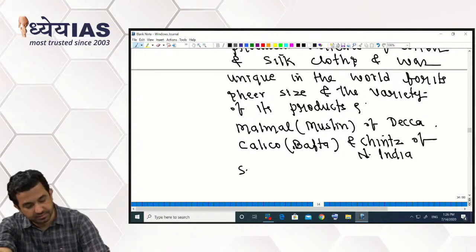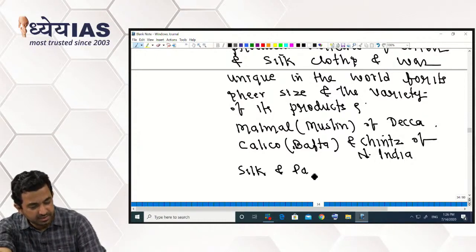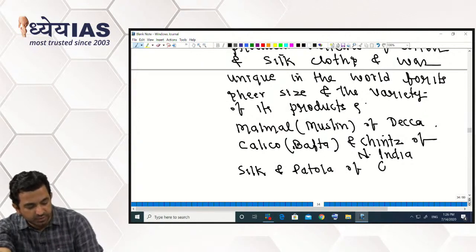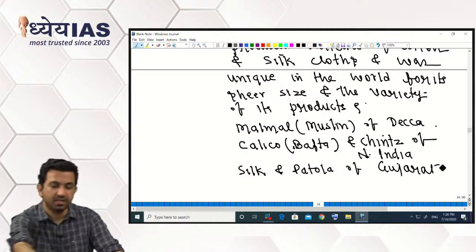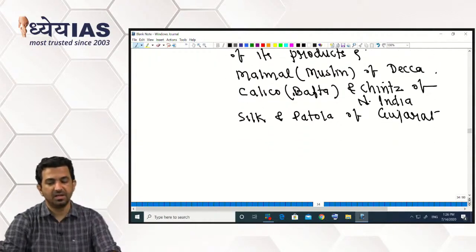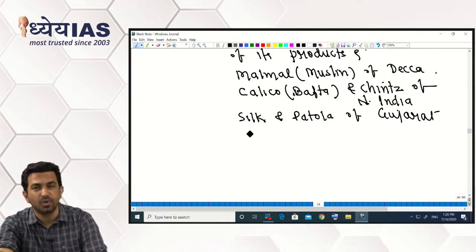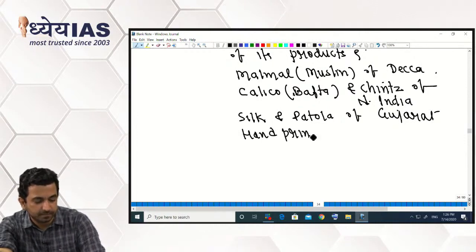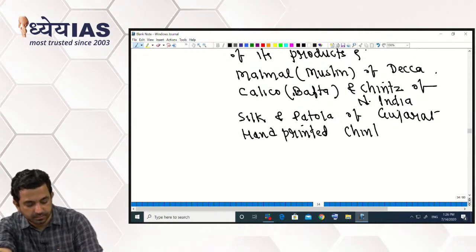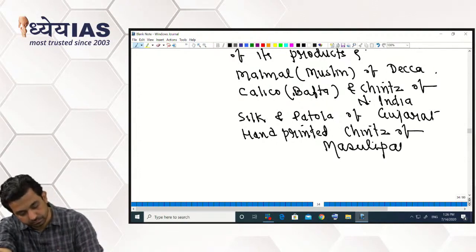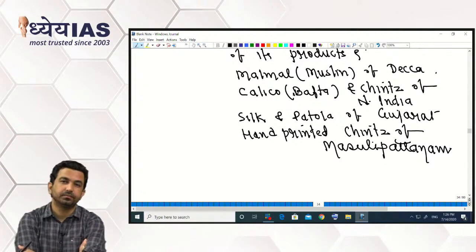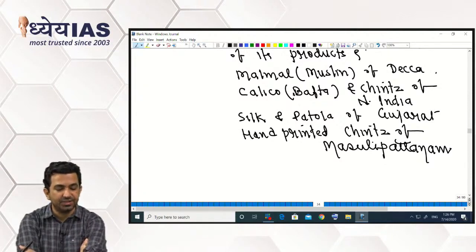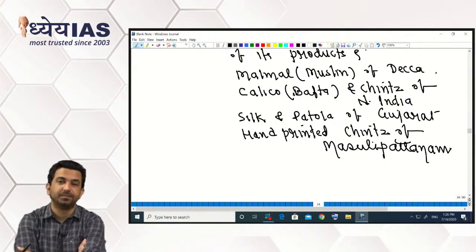and silk and patola of Gujarat, and even gold brocade of Gujarat as well, and hand printed cheat of Masulipatanam.